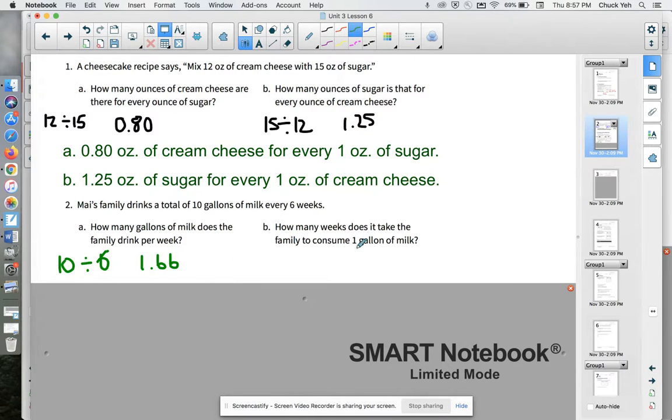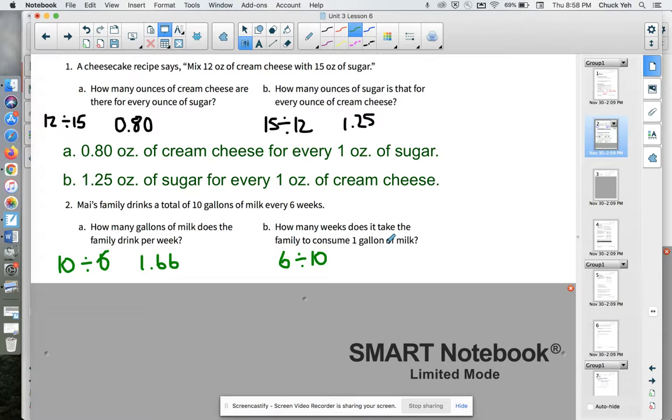How many weeks does it take for the family to consume 1 gallon of milk? So 6 divided by 10. We want to know how many weeks does it take for 1 gallon.